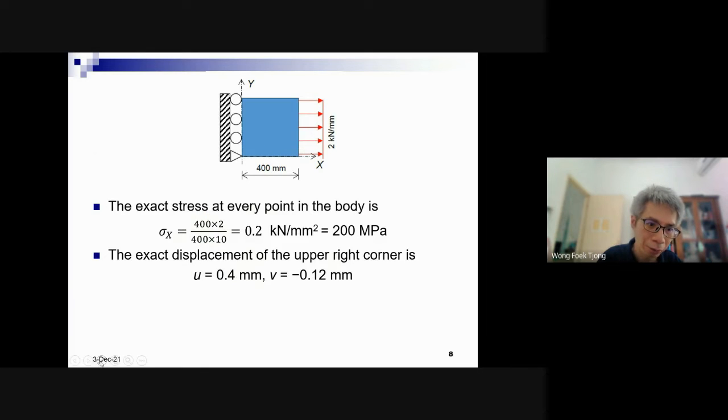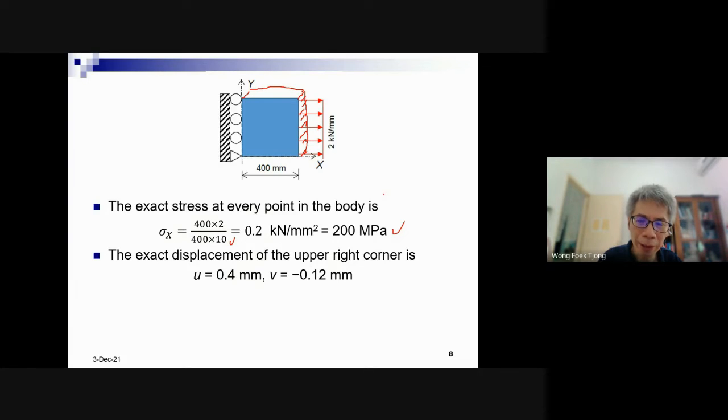Area of the cross section, okay? This area is 400 times 10. That's 0.2. So the exact stress is 0.2 kilonewton per square millimeter, or if you prefer in megapascal, just 200 megapascal, right?